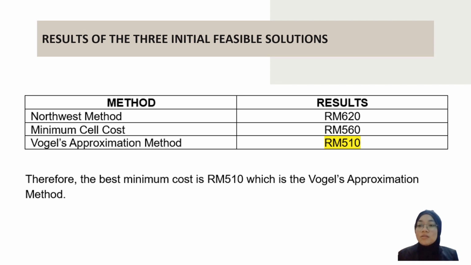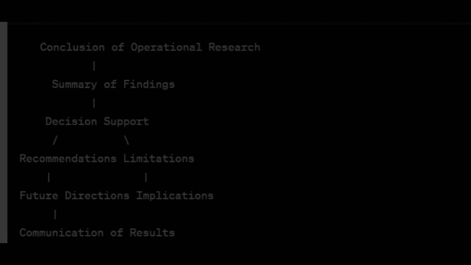For the Northwest method, the result is 620 ringgit. For minimum cell cost, the result is 560 ringgit. And for Vogel's approximation method, the result is 510 ringgit. Therefore, the best minimum cost is 510 ringgit, which is from the Vogel's approximation method.